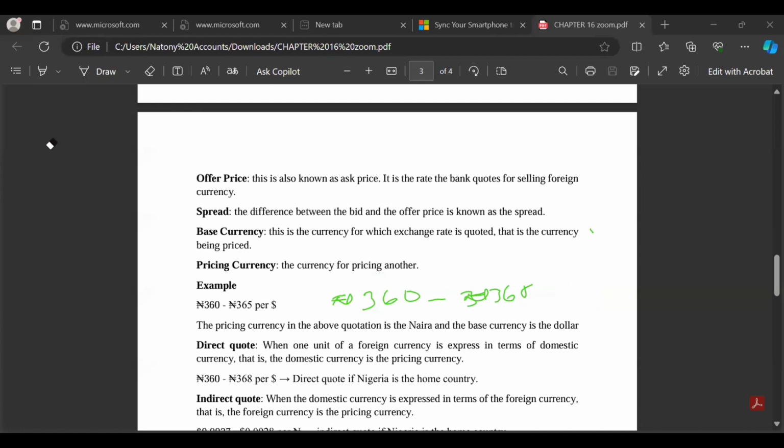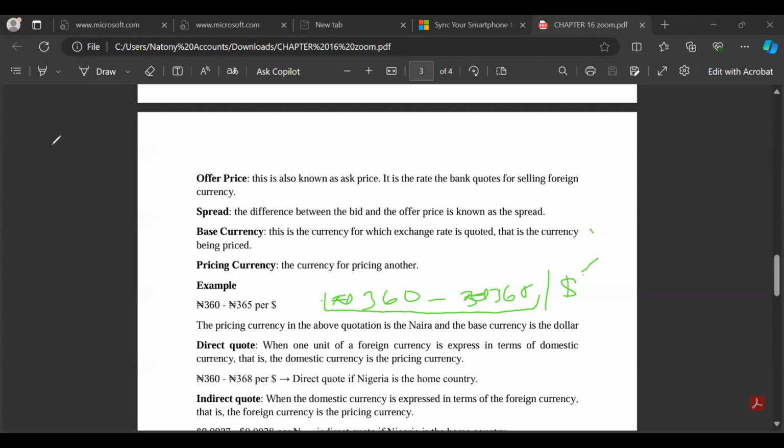The next is the pricing currency. So the pricing currency in this example here is the Naira. The pricing currency is the currency for pricing another. The currency that is being priced is the dollar.